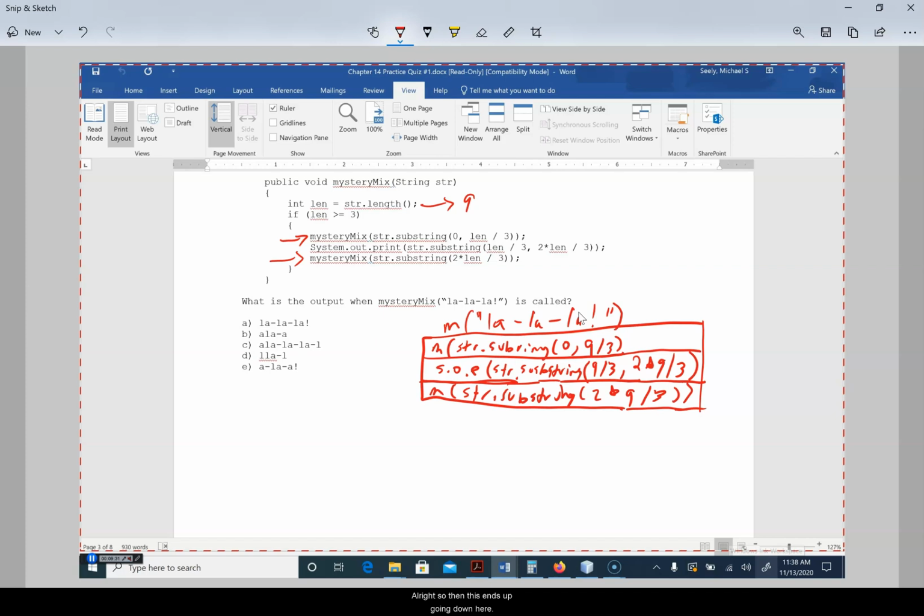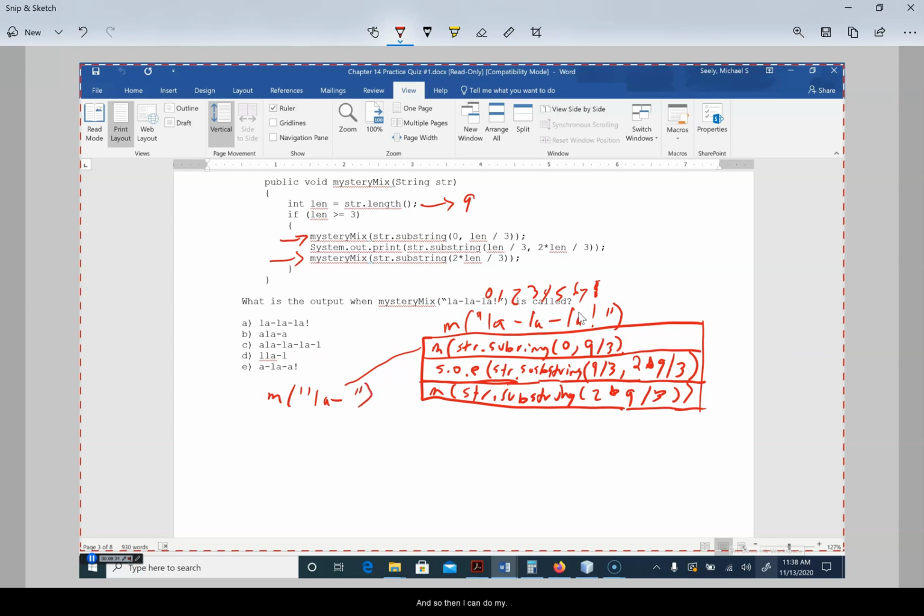So then this ends up going down here, and this does 0 to 3. 3 of law, this is 0, 1, 2, 3, 4, 5, 6, 7, 8. Okay, 0 to 3 would be M with law dash passed into it.